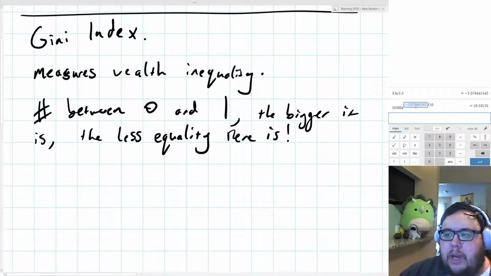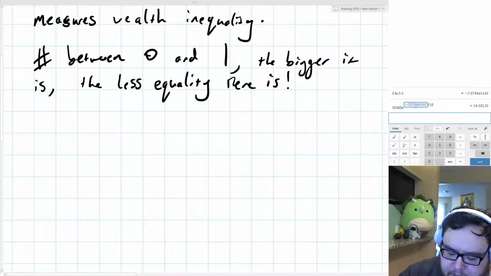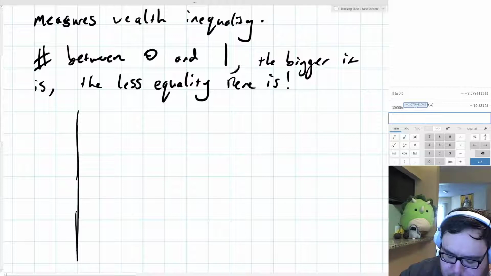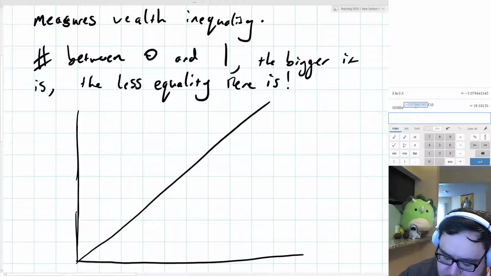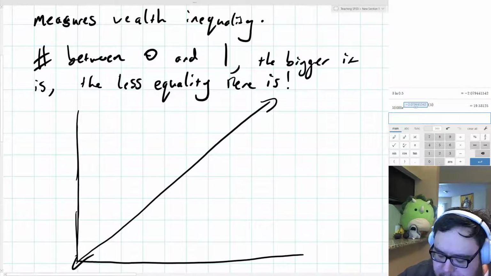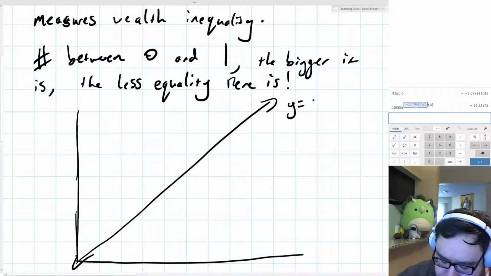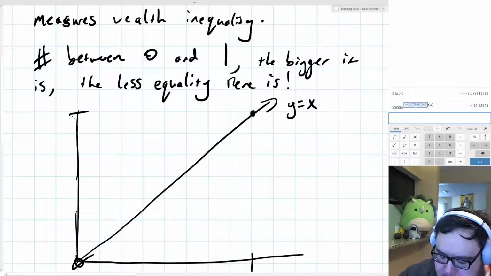The way the Gini index is calculated is you take the straight line y equals x, that passes through the points (0, 0) and (1, 1).